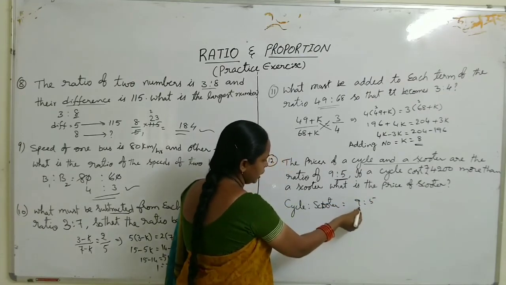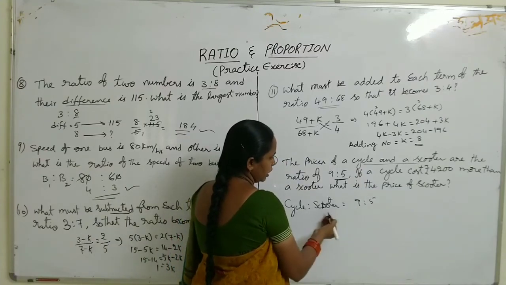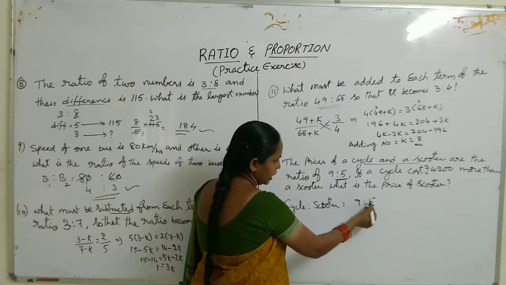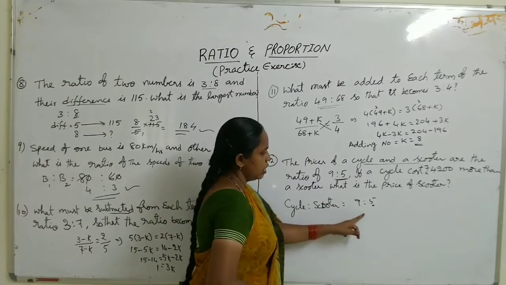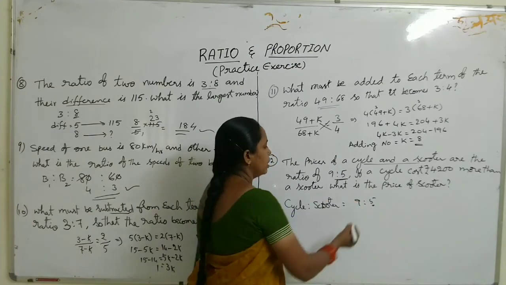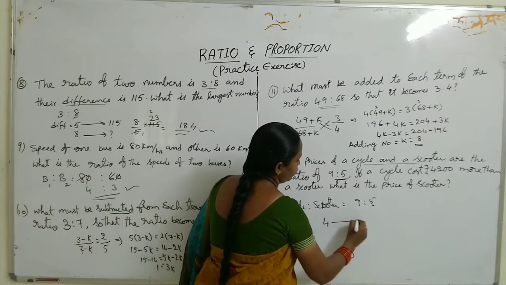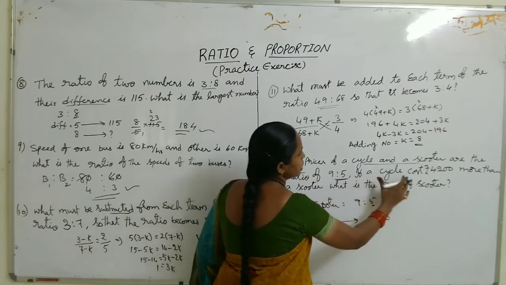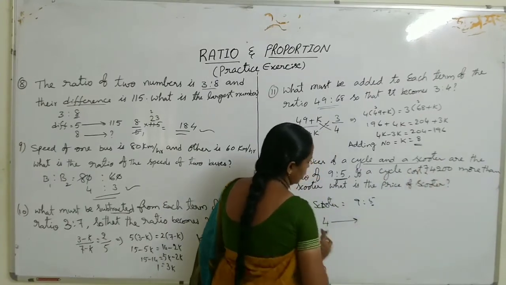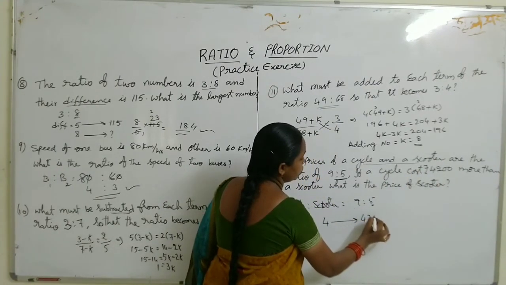Observe here, cycle is 9 units and scooter is 5 units. So cycle cost is more than scooter cost by 9 minus 5, that is 4 units. How much more value? 4,200. So 4 units value is 4,200.